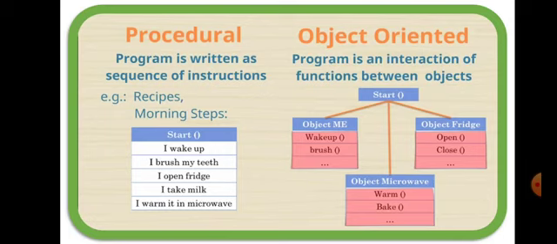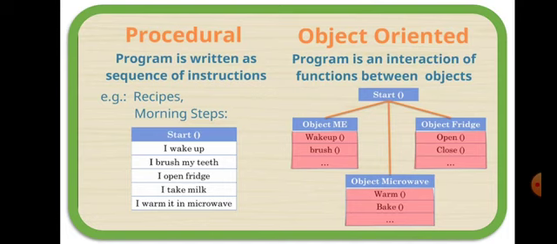So sharing is quite possible in object oriented programming. One function within one object can be reused by another. So reusability of code is always possible in object oriented programming language, but it is not applicable in procedural language.